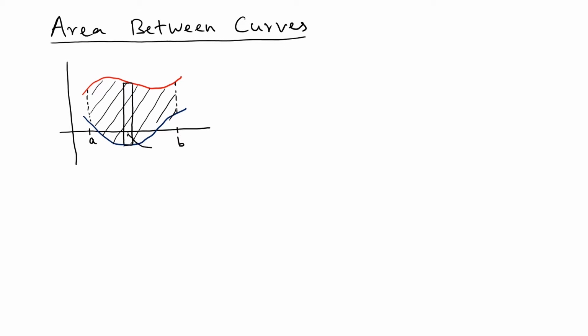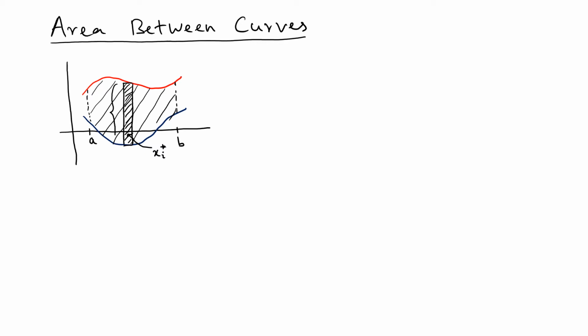So I'm gonna pick the point xi star, what we normally call the sample point, and then we're gonna find the area with the height as the function value at that point. So this is the height you get.